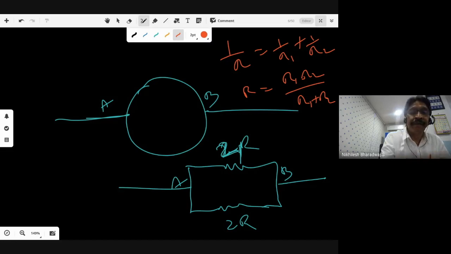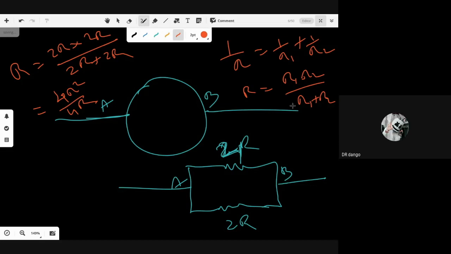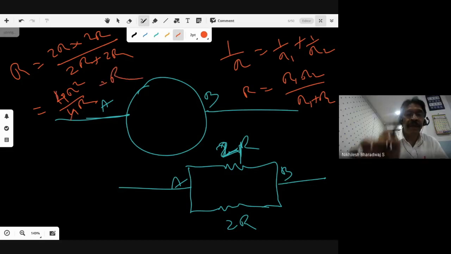Now here R is equal to 2R into 2R by 2R plus 2R. How much, please? 4R square by 4R, that is R. Is it clear? That's all.